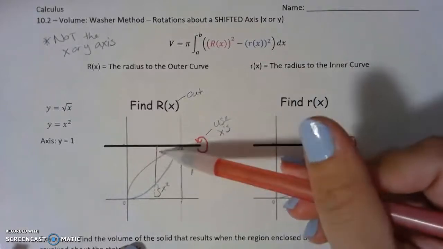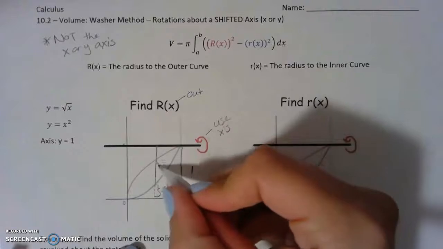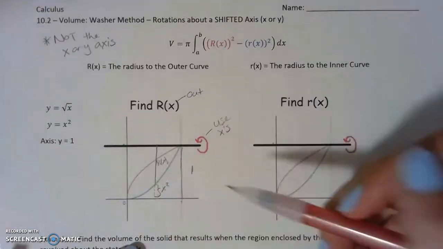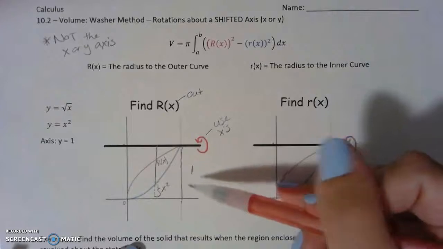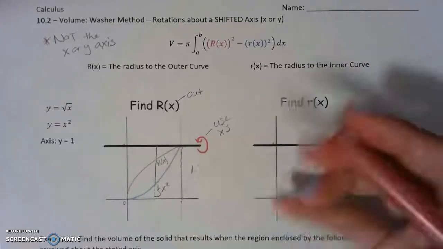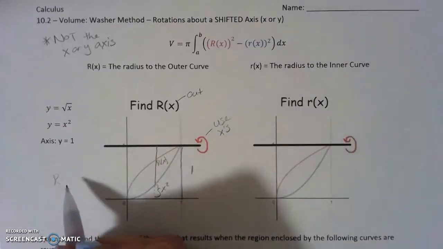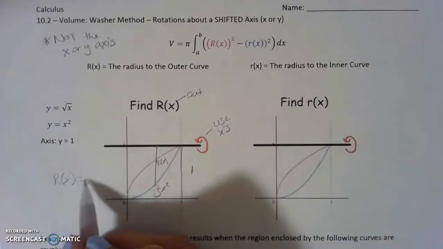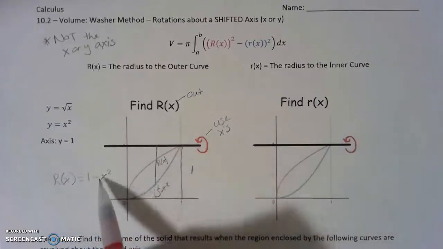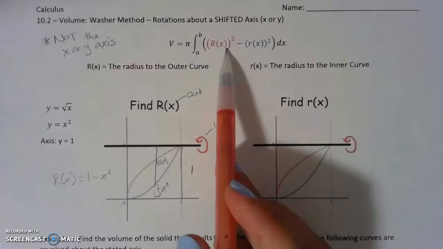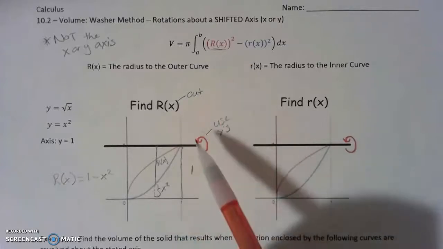If I want to find this, which is my R of x, I can simply take this whole distance and subtract the piece that we know. So in this case, R of x is going to be 1 minus x squared. And that is what we plug in here, and we square it.